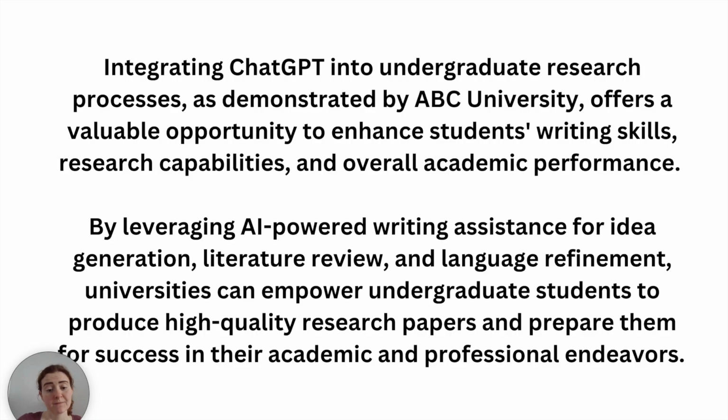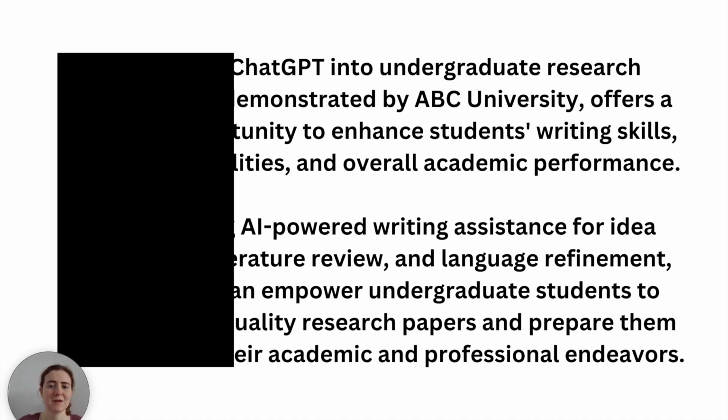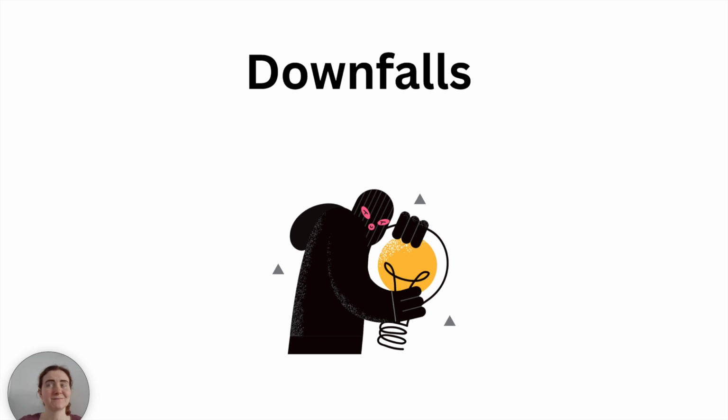The conclusion here for the benefits: when you integrate ChatGPT into your undergraduate research process, you can really improve your writing skills, research capabilities, and overall academic performance by also eliminating a lot of time needed to gain these skills. Right? That's a very positive look at the situation.